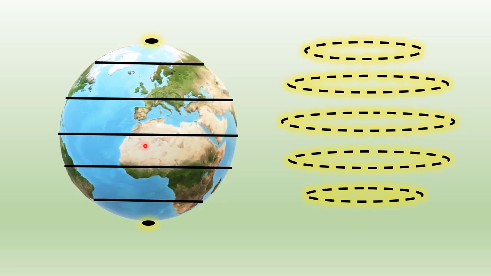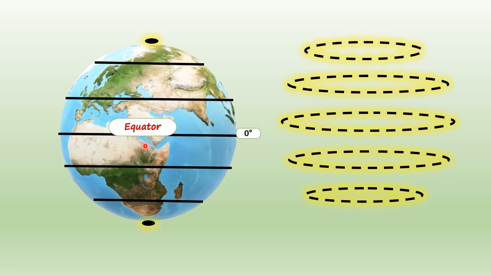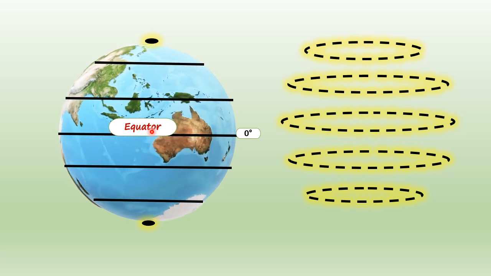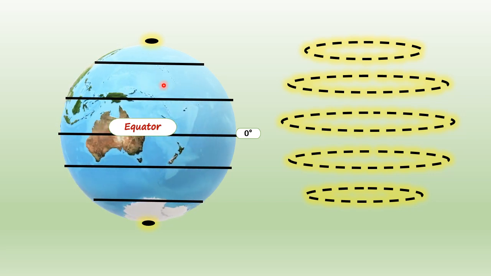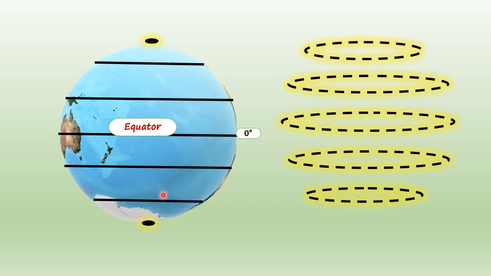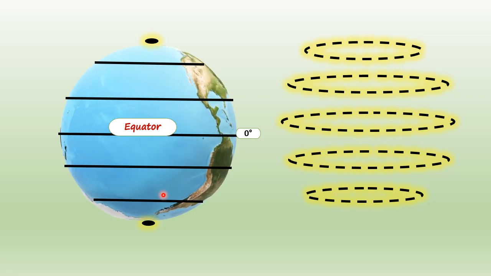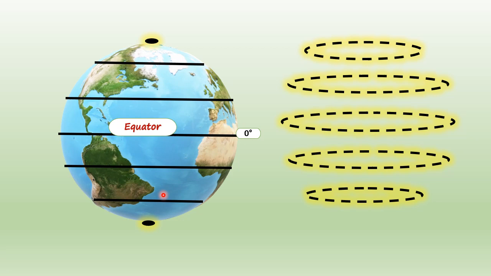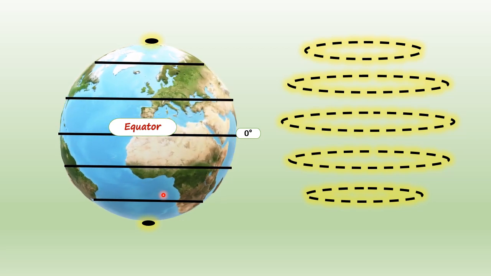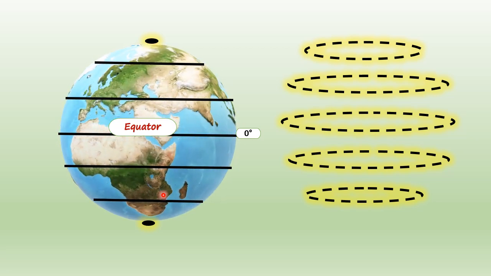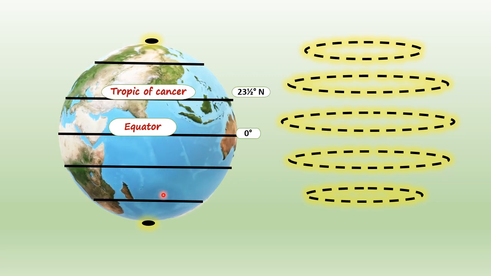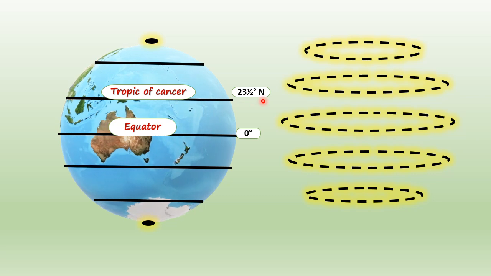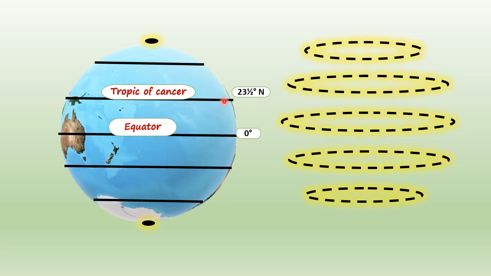Yes children, and we have done that the equator at 0 degree divides the earth into two equal parts, that is the northern hemisphere and southern hemisphere. We have done the important latitudes. After the equator, when we move towards the North Pole, first comes the Tropic of Cancer at 23.5 degrees north latitude.